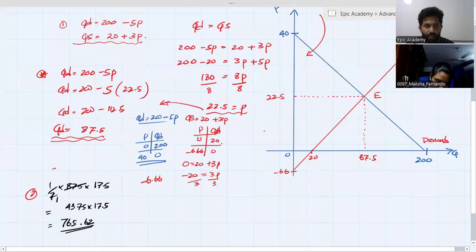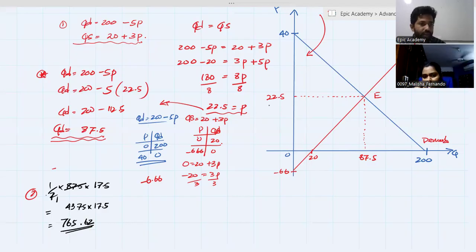Okay. Now there's a problem here. Just look at the consumer surplus area. This is the advantage when you sketch that kind of graph. If you don't have any kind of graph, then you cannot identify the exact crossing points for the supply curve and demand curve.